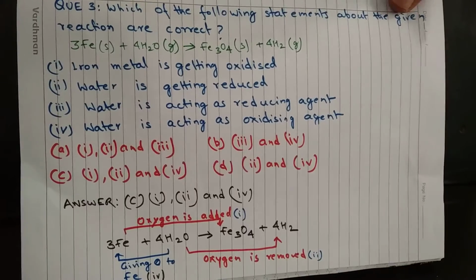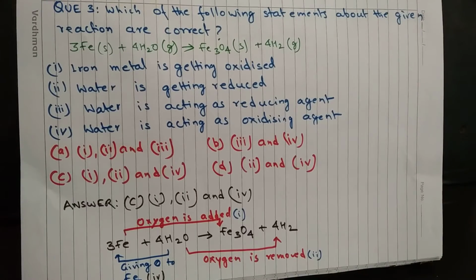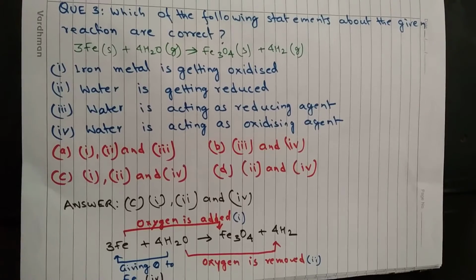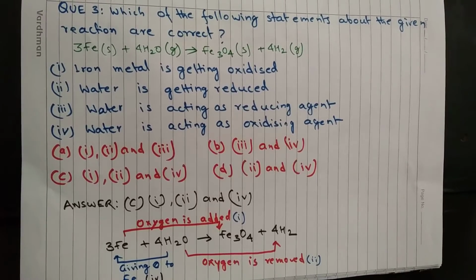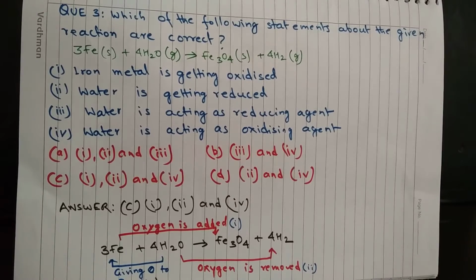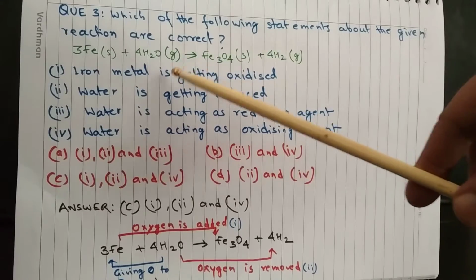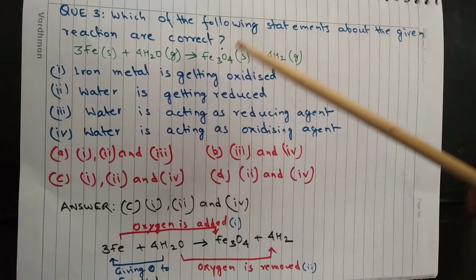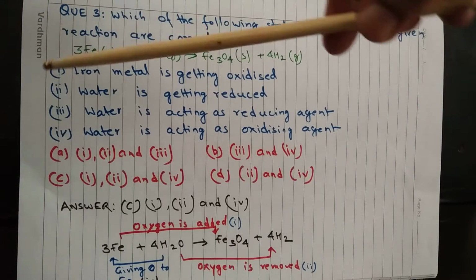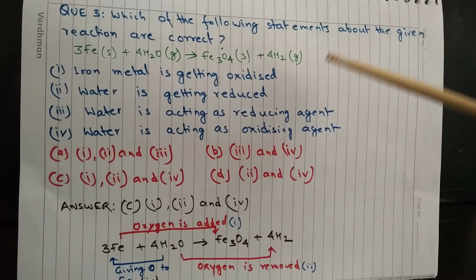Question 3. Which of the following statements about the given reactions are correct? The equation is 3Fe plus 4H2O gives Fe3O4 plus 4H2. Statement 1 is iron metal is getting oxidized.